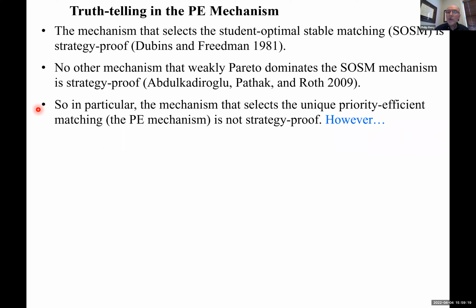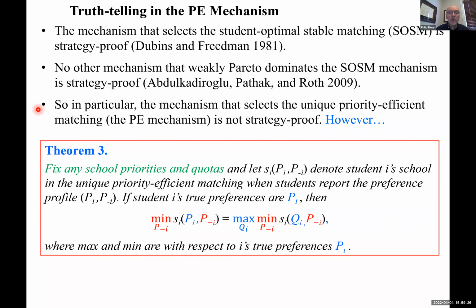But even though the priority efficient mechanism is not strategy proof, here's what is true. It turns out that truth telling is max min optimal.